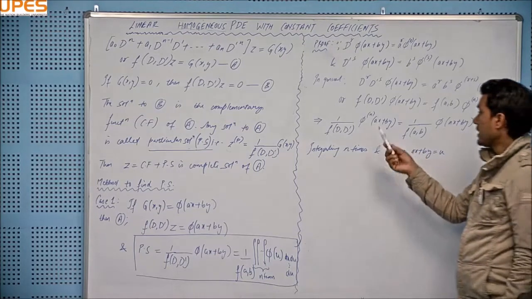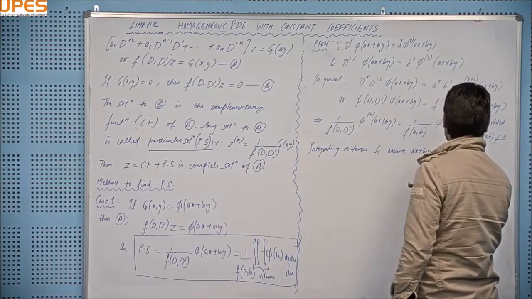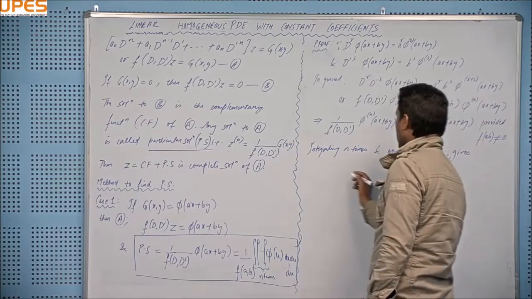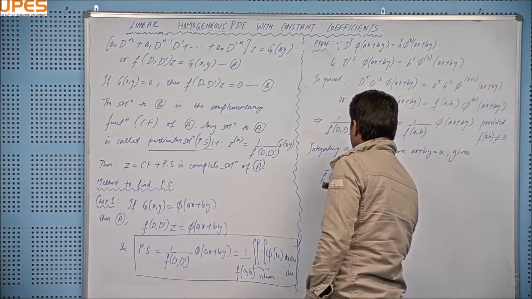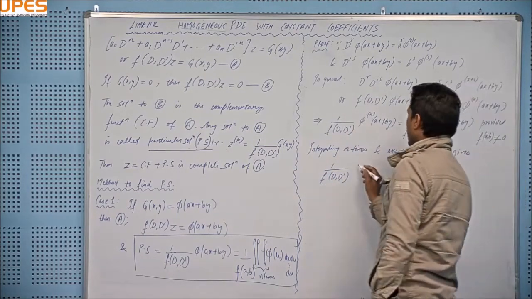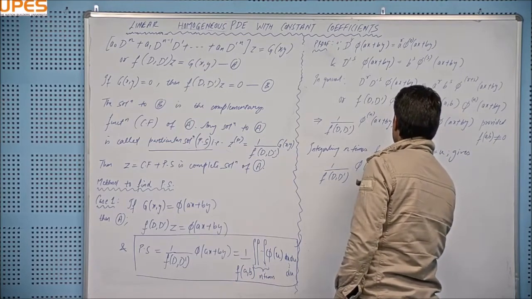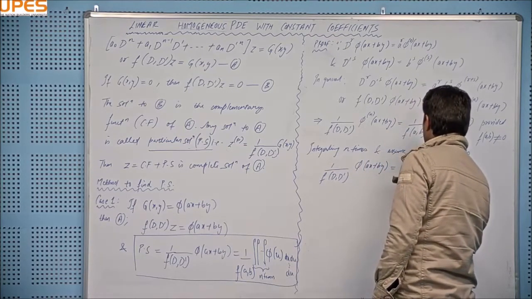Then this side gives 1 over f(D, D'), and on integration n times we will have phi(ax + by), and 1 upon f(a, b).